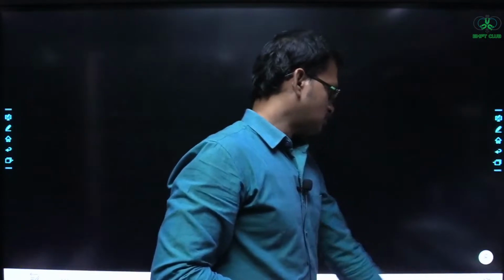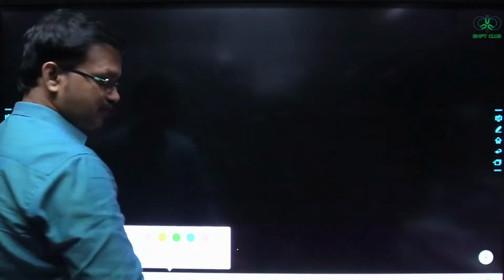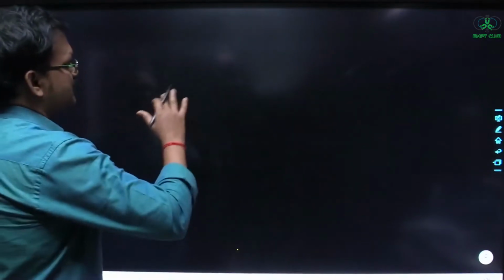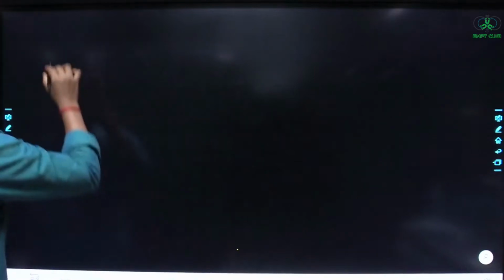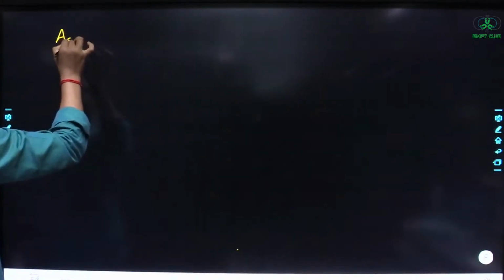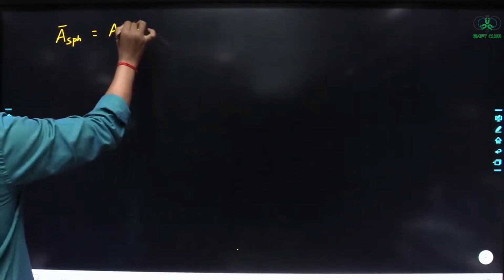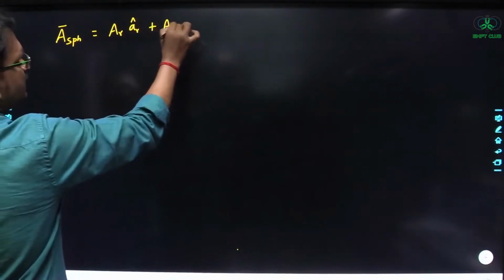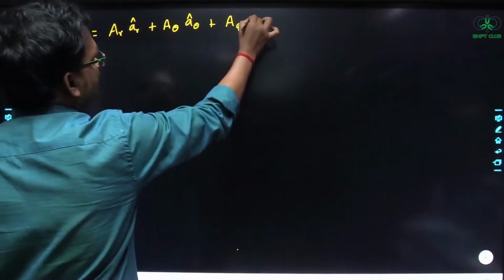Now similarly I will give the matrix form for spherical to rectangular and rectangular to spherical. Let us say A spherical is equal to AR cap plus A theta cap plus A phi cap.